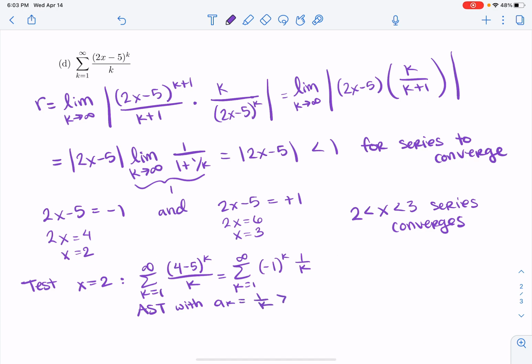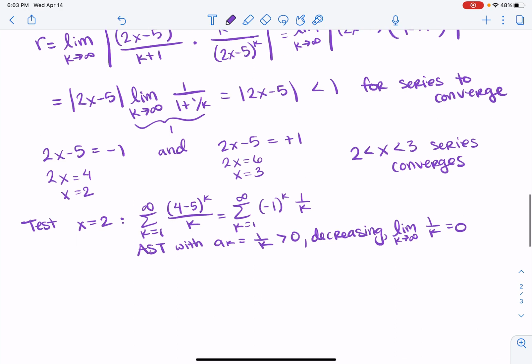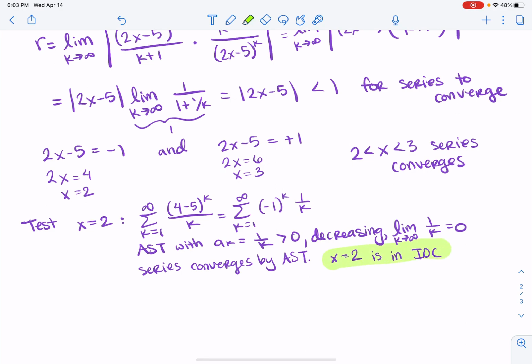And that is greater than 0 and decreasing. And the limit as k approaches infinity of 1 over k equals 0. So the series converges by AST. And that means that x equals 2 is in the interval of convergence. And I will highlight that just to have that easy to find.